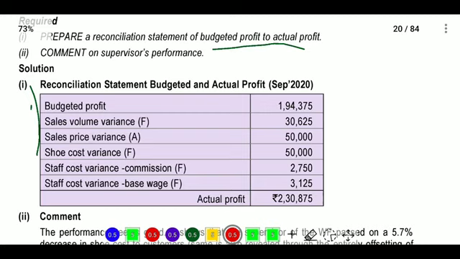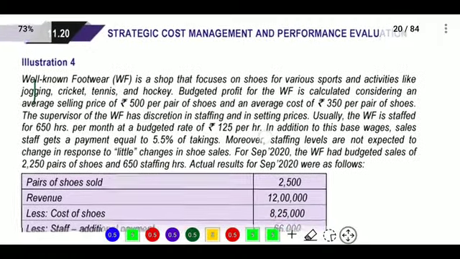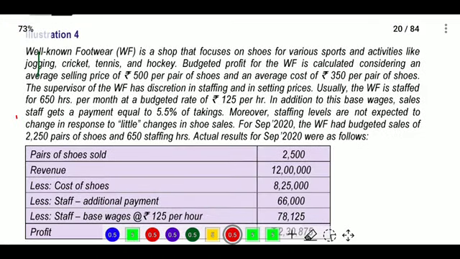Okay, next, 24375. Now we will see what they provided. Here they provided that WF is a footwear shop. It has one shop, selling shoes for various sports and activities like jogging, cricket, tennis, hockey.